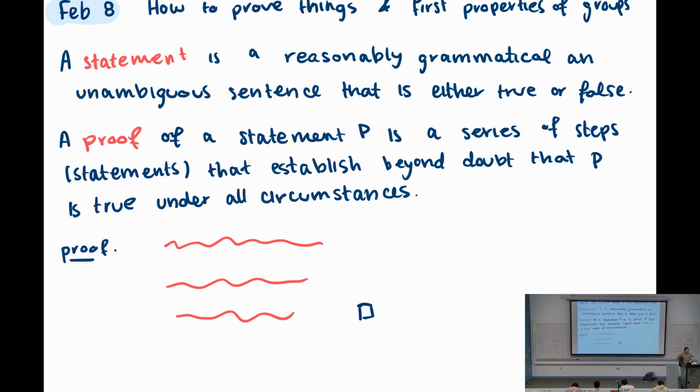I more or less follow this format in lecture, but also in written mathematical documents. The square is just there to let the reader know that the proof is over, and whatever follows is further discussion that moves on to a different topic.